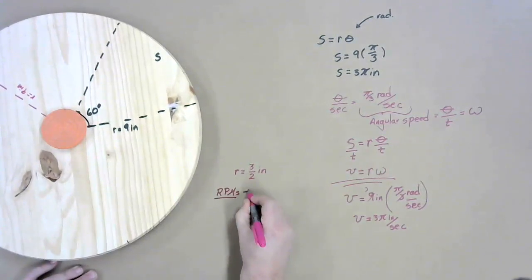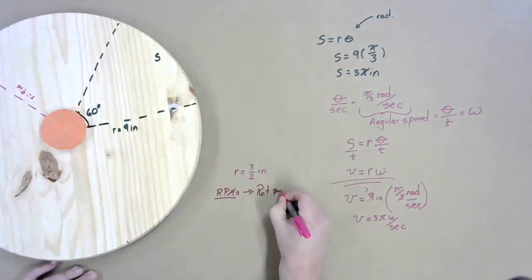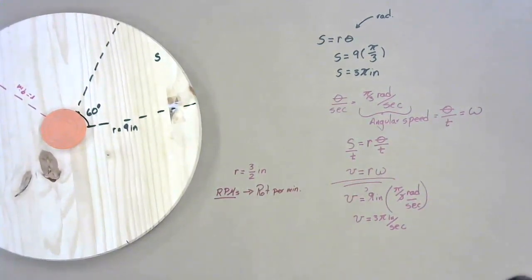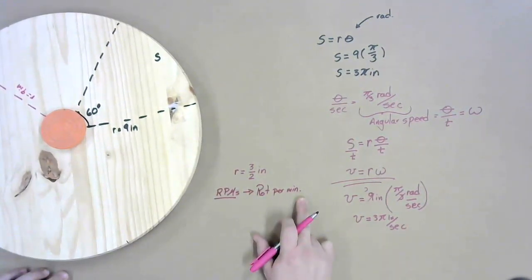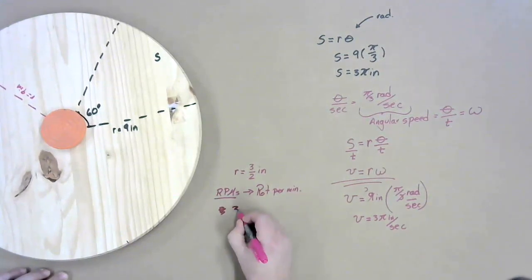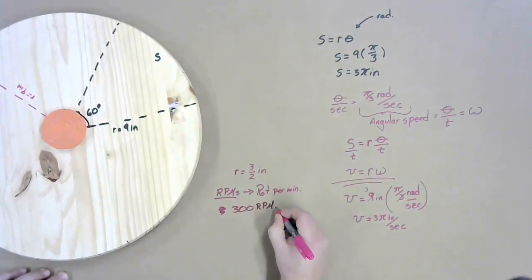And RPMs are rotations per minute. So let's say instead of being given radians per minute, which would be handy, we're given the more common rotations per minute. Let's say this thing is spinning, how about 300 RPMs? So 300 rotations per minute.